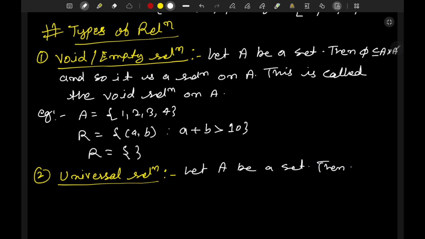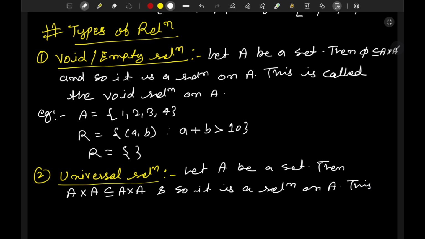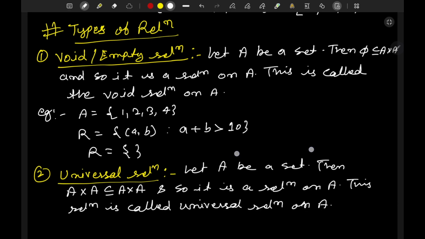Then A cross A is a subset of A cross A, and so it is a relation on A. This relation is called the universal relation on A.